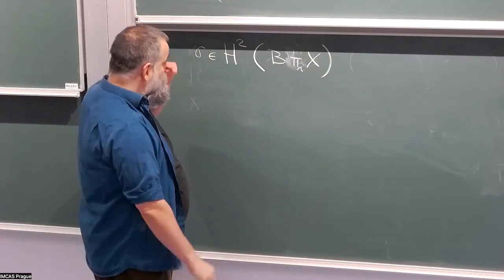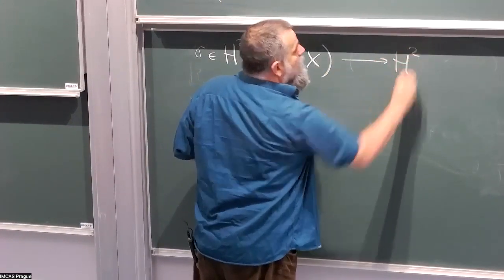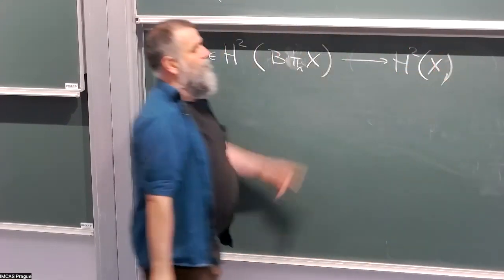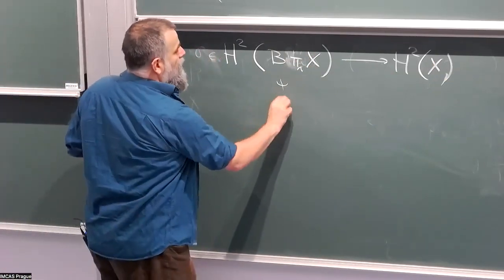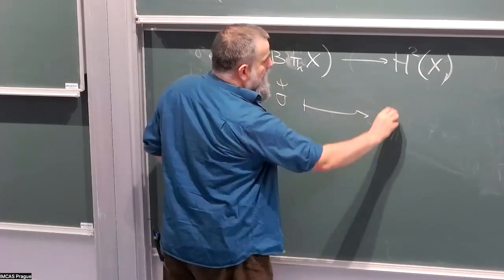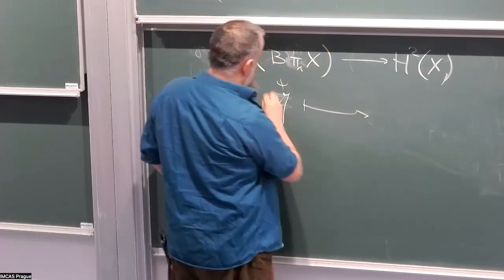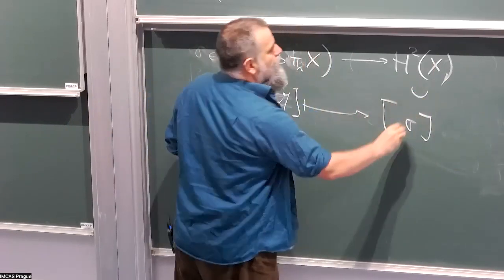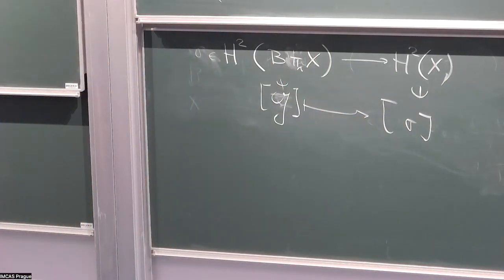There is a classifying map which gives me a map into the second cohomology of X, and this G goes to, at least its class goes to, the class of sigma in here. That's a standard, easy observation.